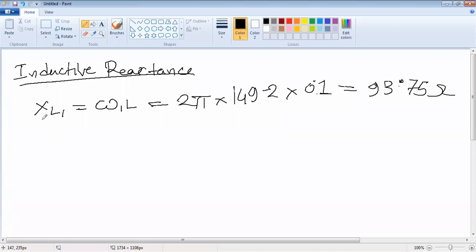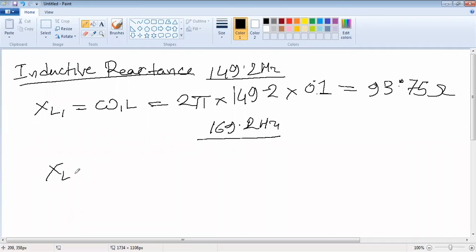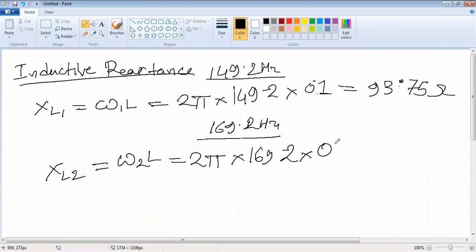Inductive reactance at 169.2 hertz: XL2 equal to omega 2 L equal to 2 pi into 169.2 into 0.1.